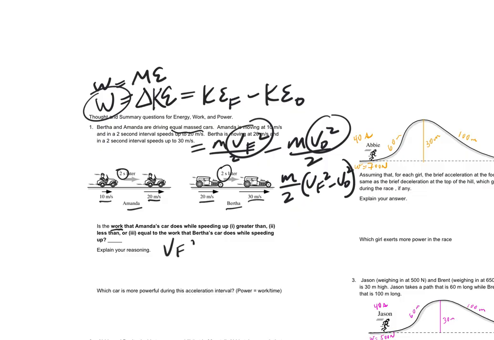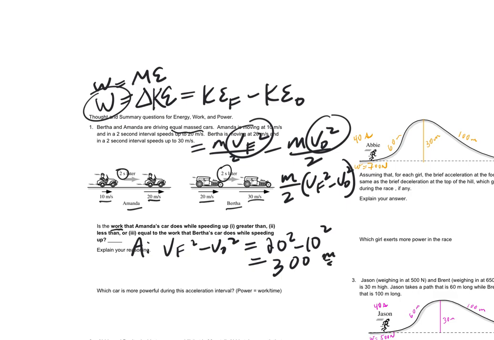For Amanda, vf squared minus vo squared is equal to 20 squared minus 10 squared, which is equal to 300.